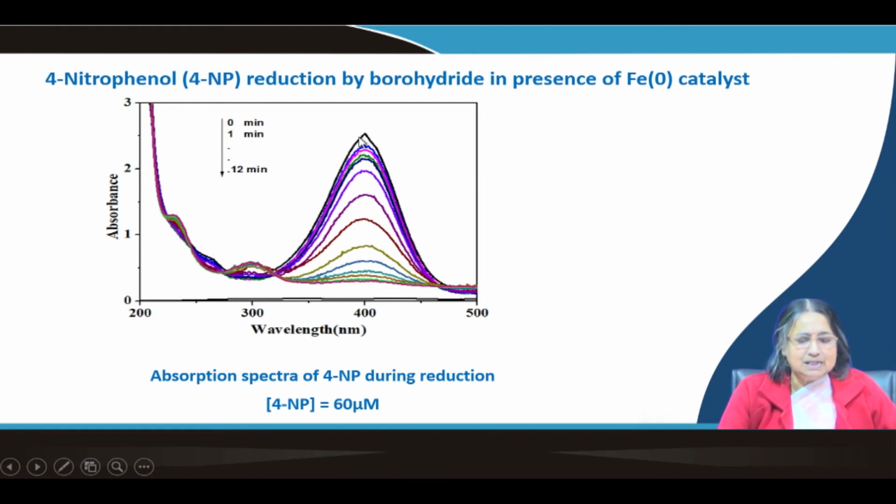How with time this peak is going down, that is important for our kinetic analysis. So, what we are doing? We have started the reaction, we are measuring the absorption spectra, we are getting different absorbance values at this wavelength at different times. We note down the absorbance values of the nitrophenolate ion.